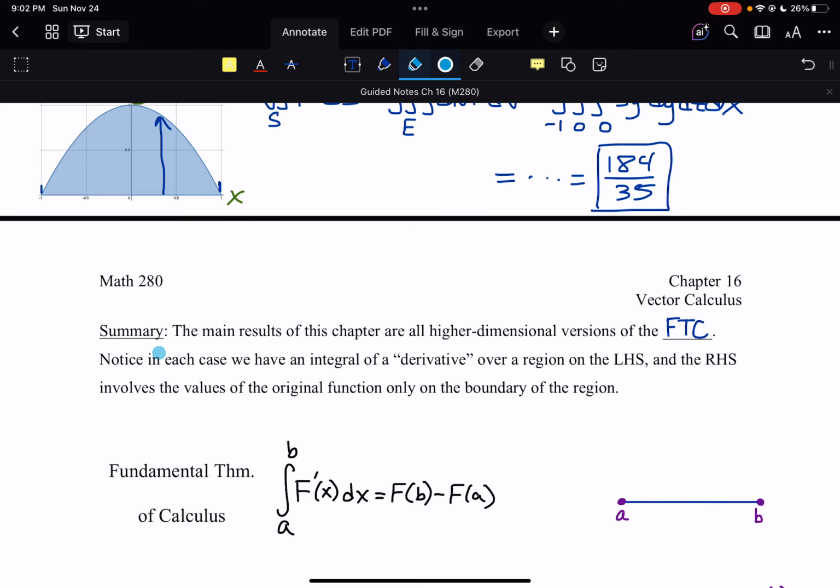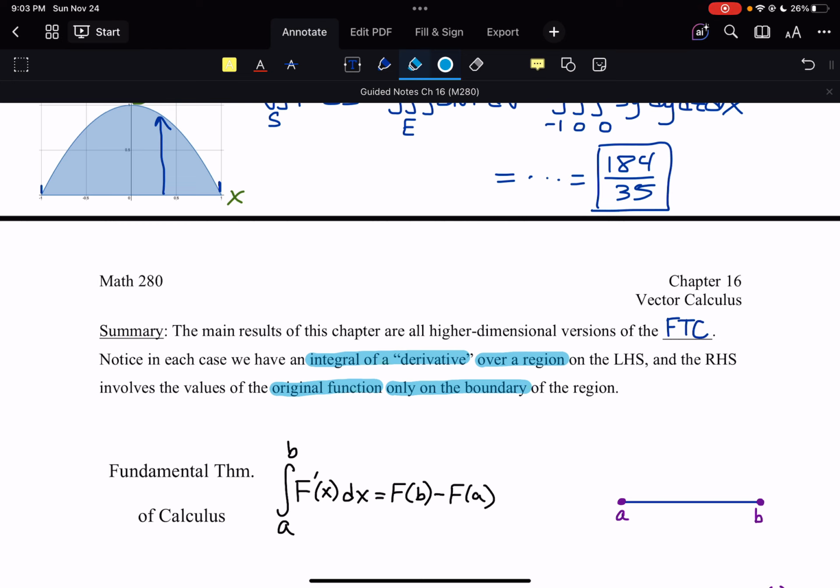Notice in each case that we talk about here, we have an integral of a derivative, quote unquote, over a region. So an integral of a derivative over a region on the left-hand side. And on the right-hand side, we involve values of the original function only on the boundary of the region.